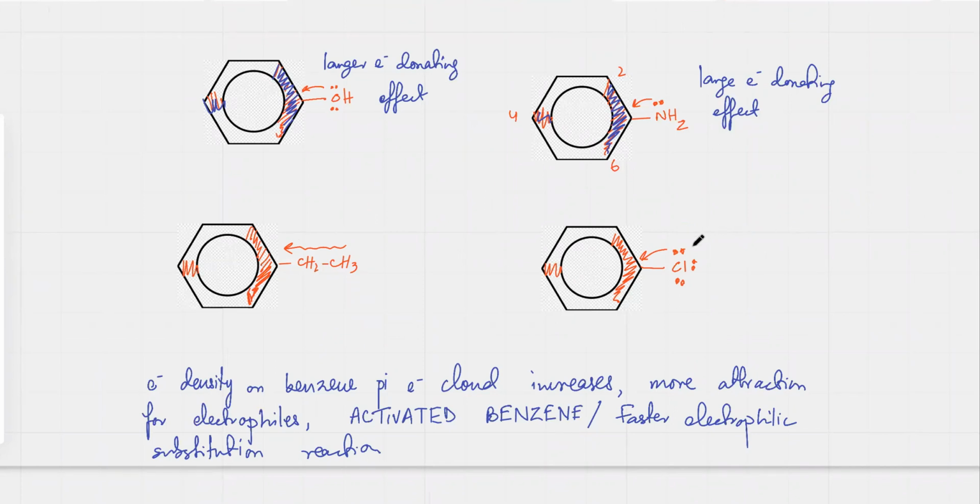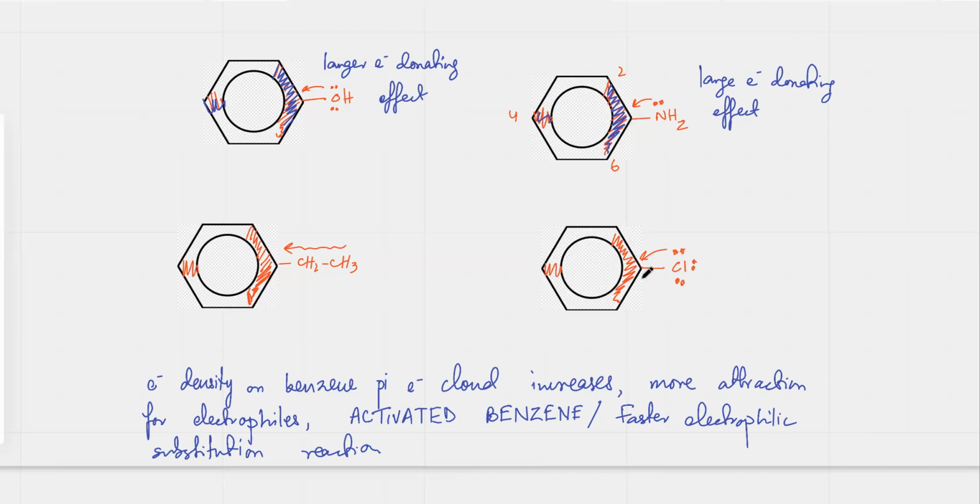And for Cl, I told you that it does have lone pairs, and it does donate some electrons onto the benzene ring, but the Cl atom is also very highly electronegative, so it also has an electron withdrawing effect.